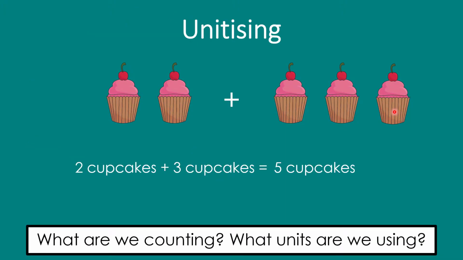We used unitising to help us, and unitising is when you're thinking very carefully about what you're counting, what your units are. So we know that 2 plus 3 is 5, so 2 cupcakes plus 3 cupcakes is equal to 5 cupcakes. And here we're counting cupcakes, they are units.